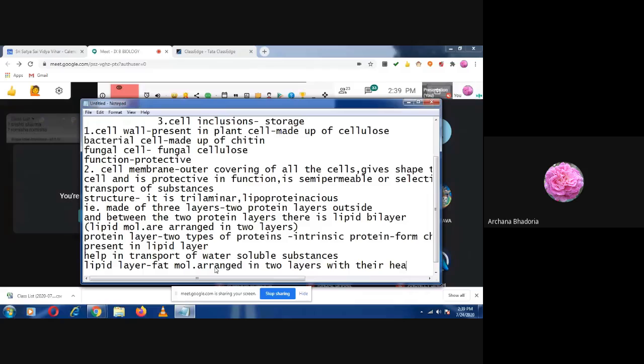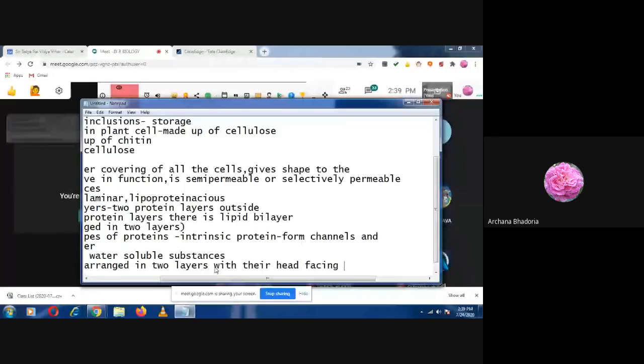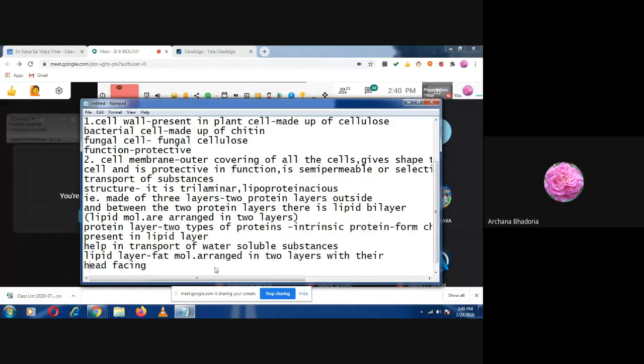Heads facing towards the proteins and tails facing each other towards the center. Ma'am, can you show us the diagram of lipid?